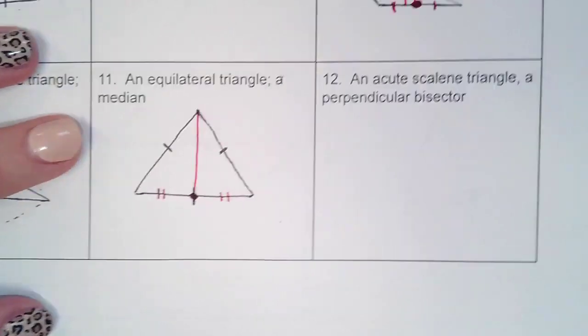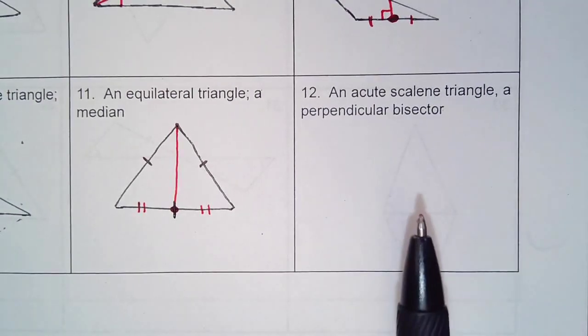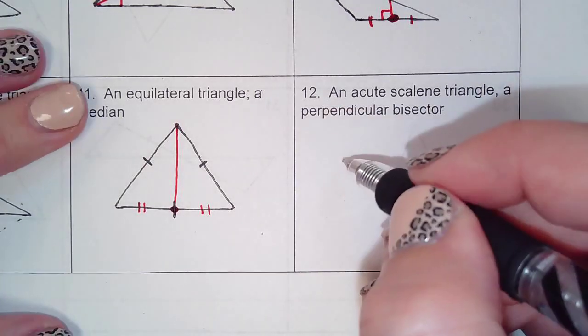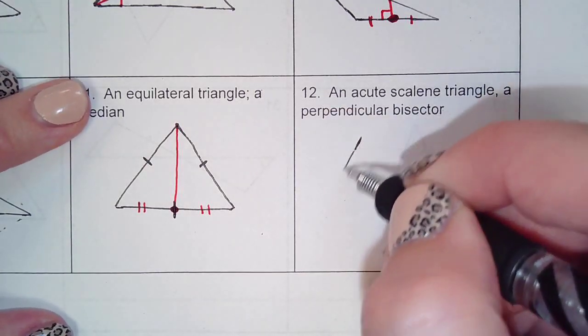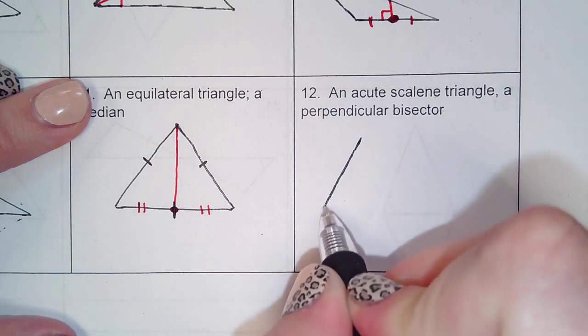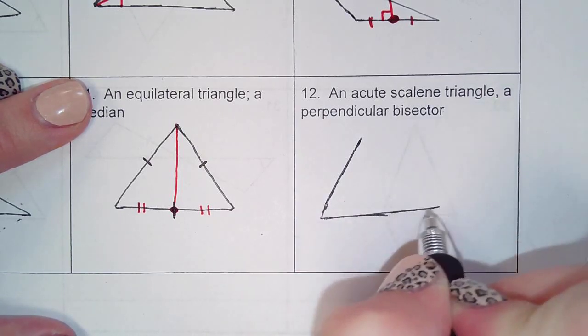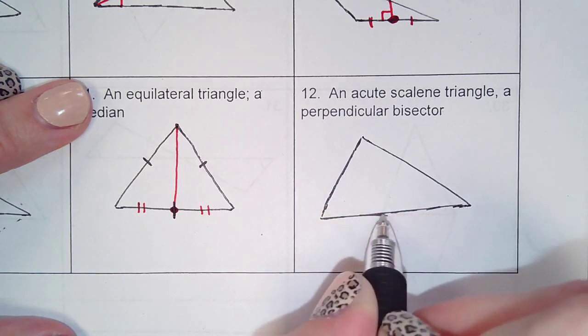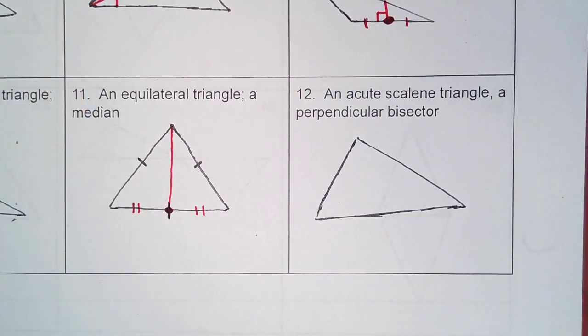And the last one, we have an acute scalene triangle. So acute, so it's kind of like sevens. Something like this. All those are less than 90. None of the sides are exactly the same distance.